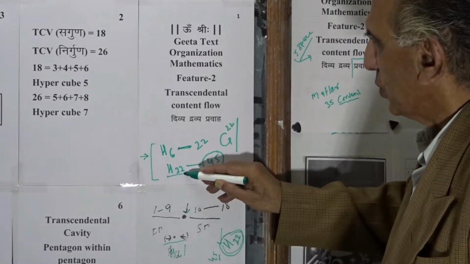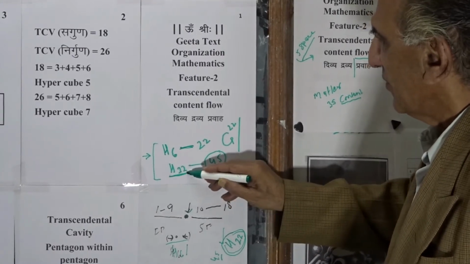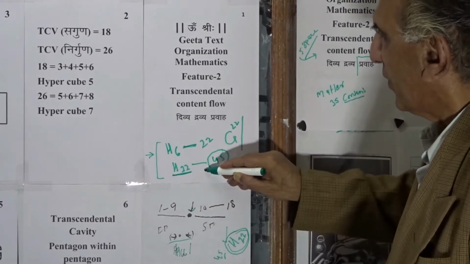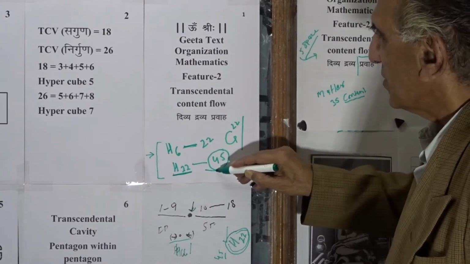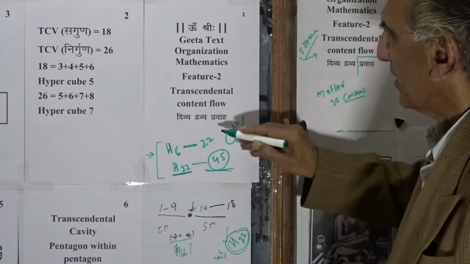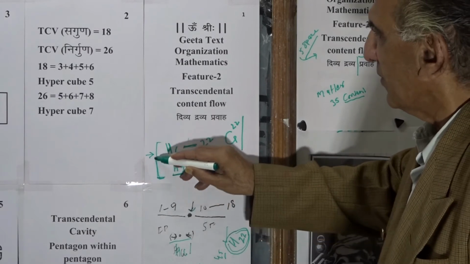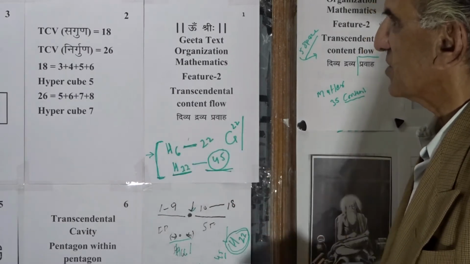Hypercube 22 is the value, additional value, formatting value of 45 versions, which take us from the manifested state of the text to the Gita Pranam shloka, the format of this manifestation.